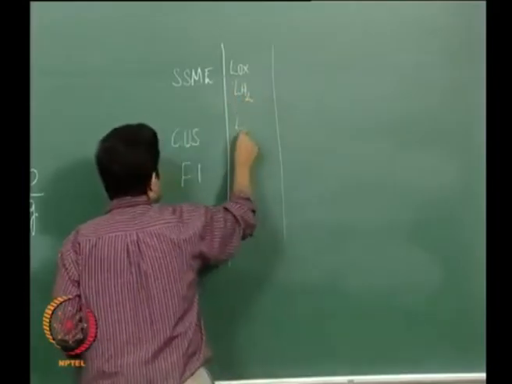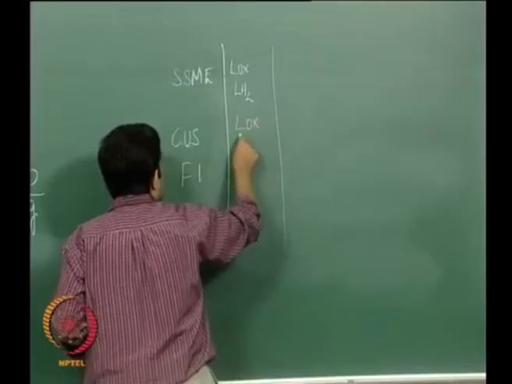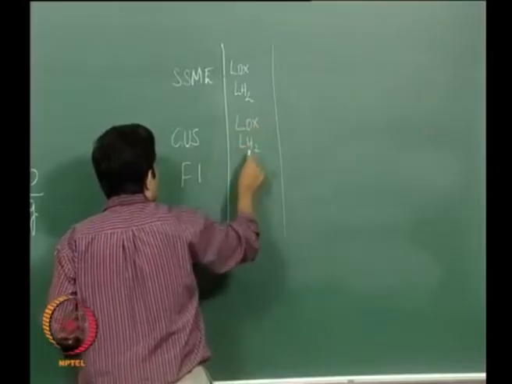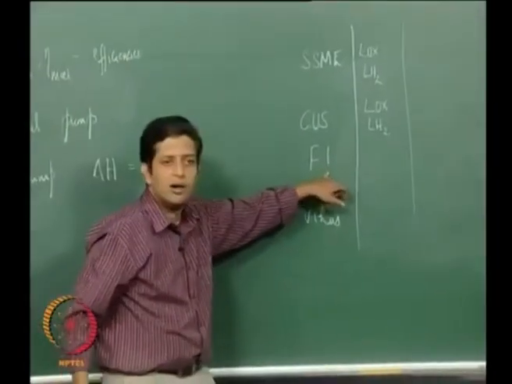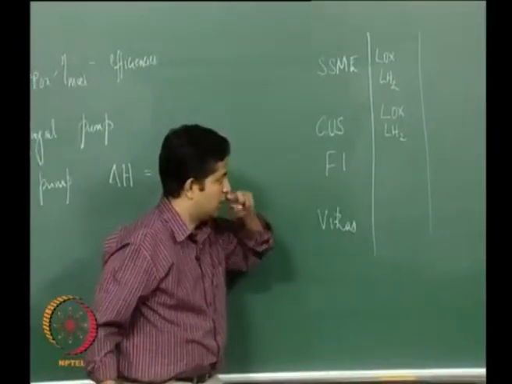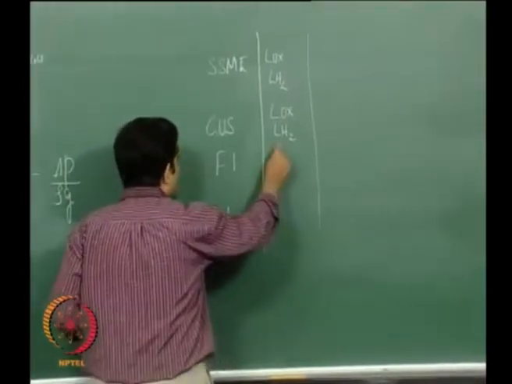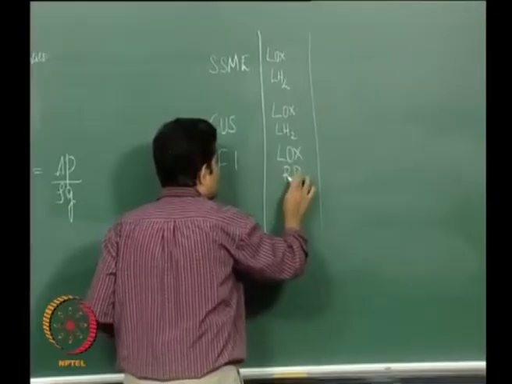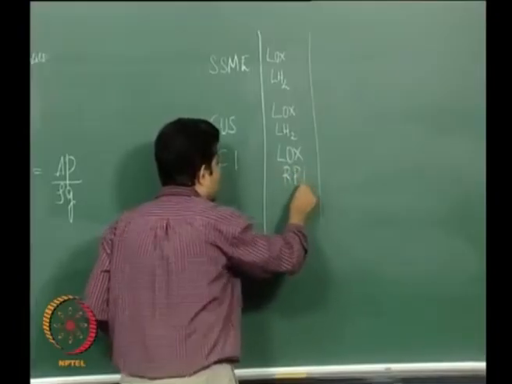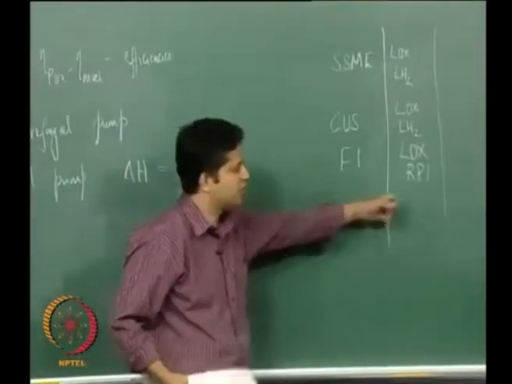Cryogenic upper stage is also liquid oxygen and liquid hydrogen. F1 engine, this was the engine that took man to the moon. This uses kerosene and LOX. Kerosene is also indicated as RP1, rocket propellant 1.